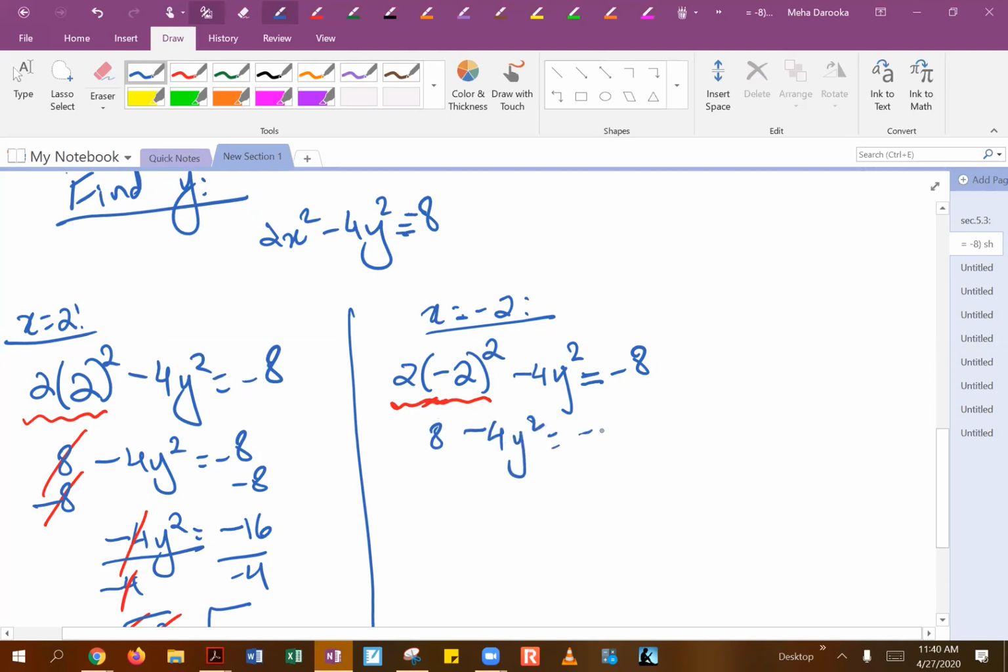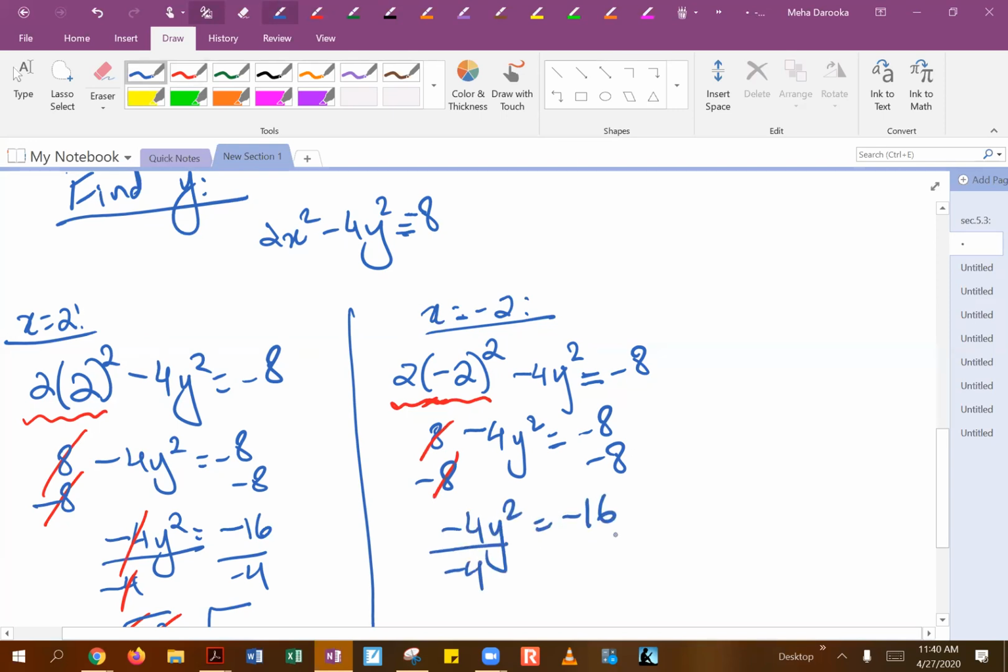So essentially, you are going to see the same answer that we got from our other x value here, because your 8 was still positive. Move that 8 to the other side. You end up getting negative 16.